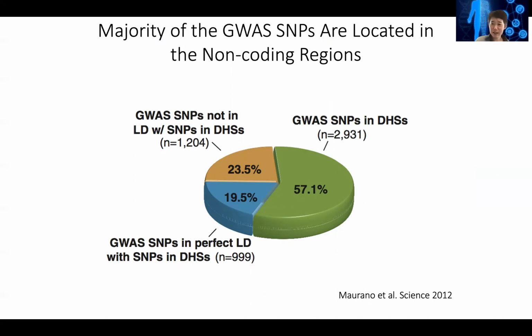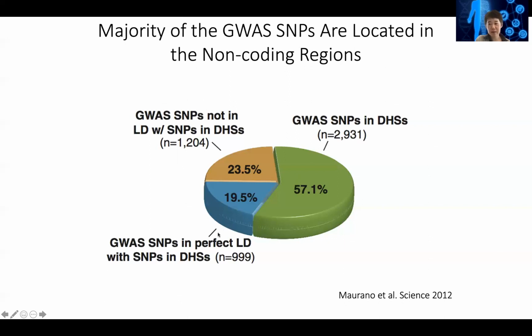Because the coding region is only 2% of the genome, a lot of these GWAS-associated SNPs land in non-coding regions of the genome. Interestingly, a lot of them are enriched in DNase hypersensitivity peaks, or there could be some that are not in the peaks but in perfect LD with those peaks.